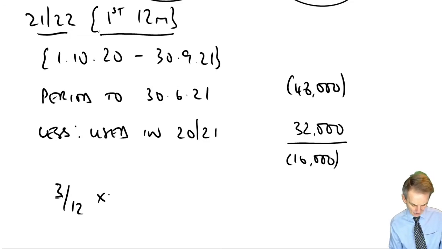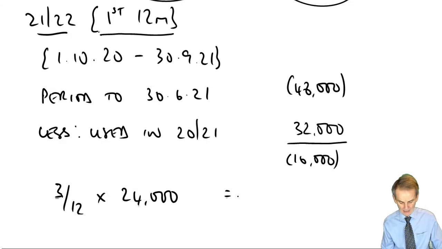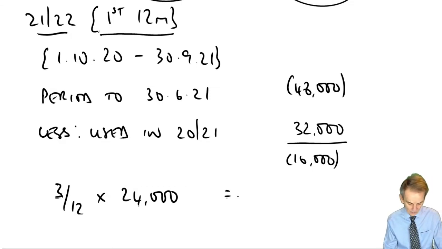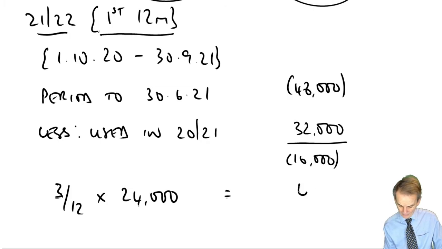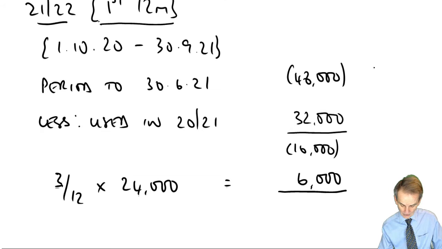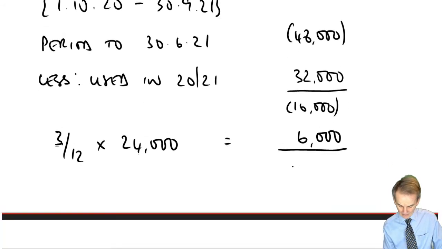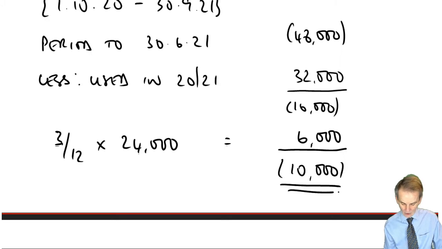3 months out of a 12-month period in which we made a profit of £24,000. Therefore, 3/12 of 24,000 is going to be a profit of £6,000. That therefore brings the loss down to an available £10,000 of loss that may be used.